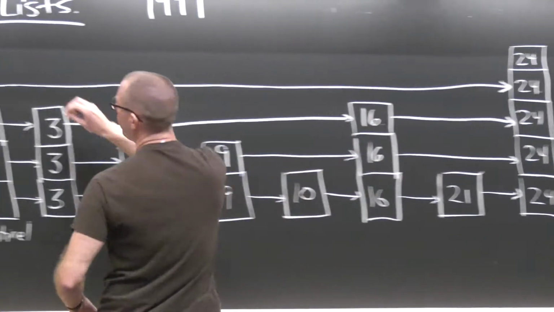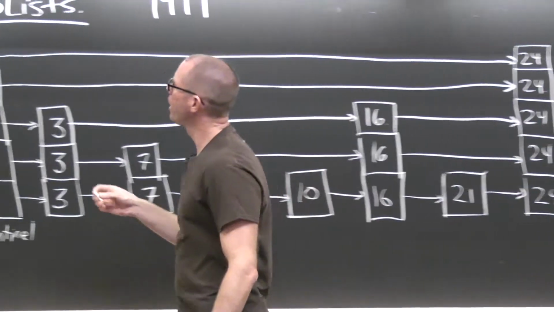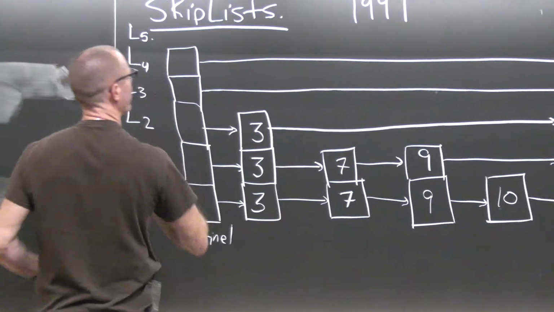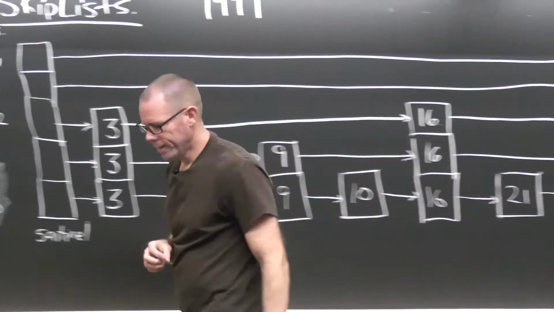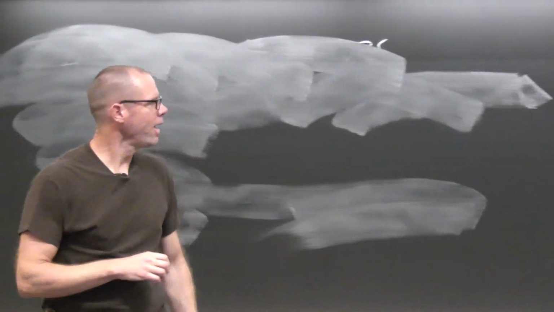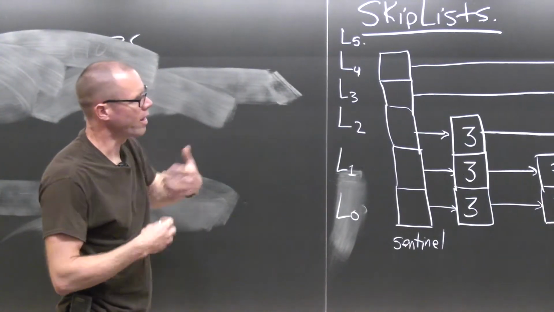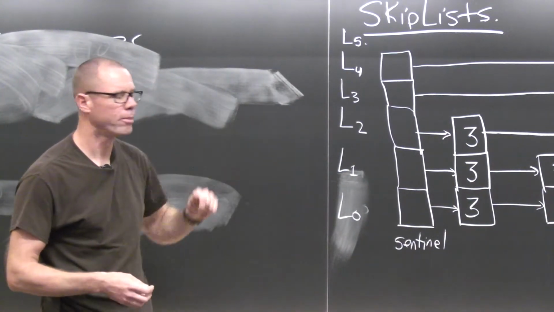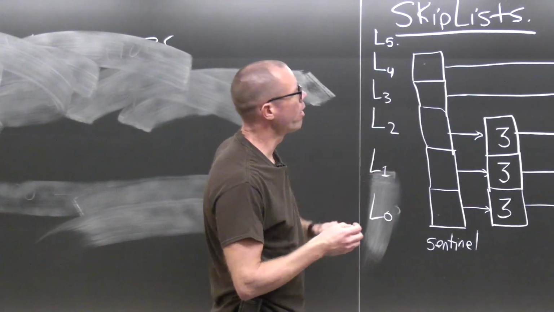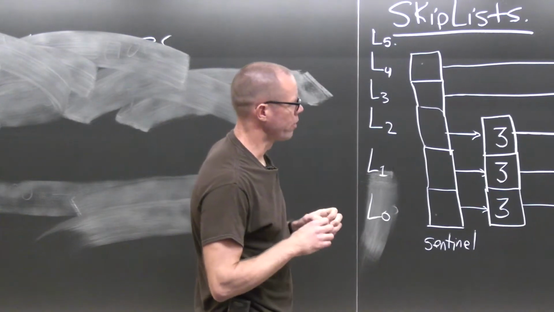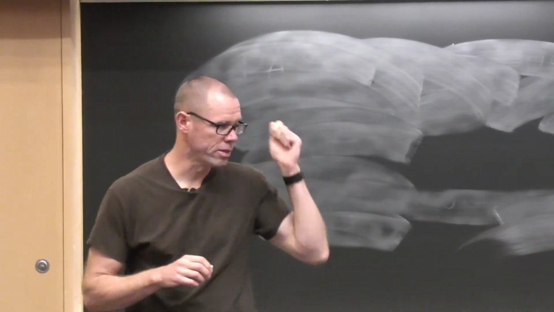And that's L4. And we keep going to make L5. Coin toss. Good. And L5 is empty, so we stop there. If we repeat this, nothing else is going to happen. So the sentinel lives up in L0 through L4, and L5 is the first empty one. That's what a skip list looks like.